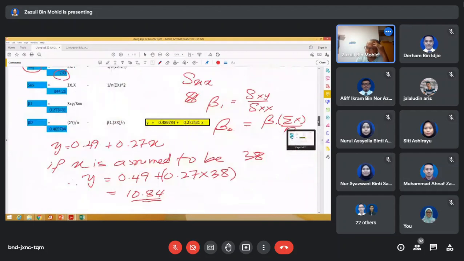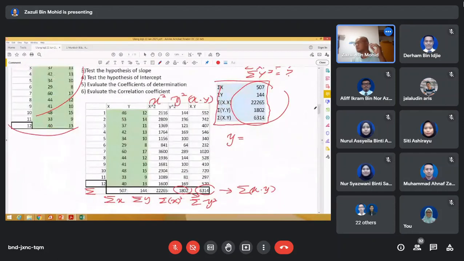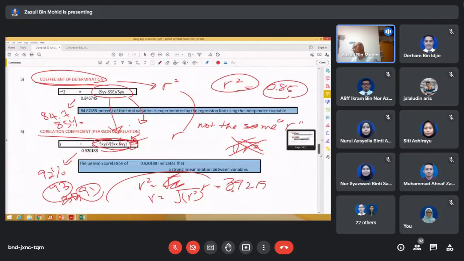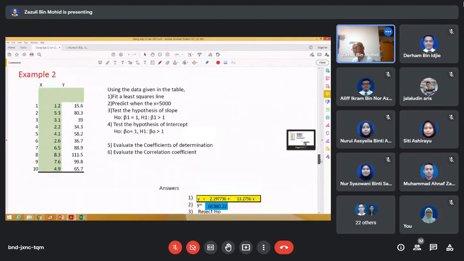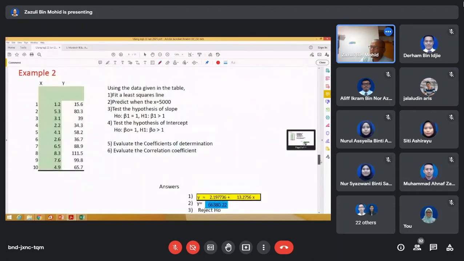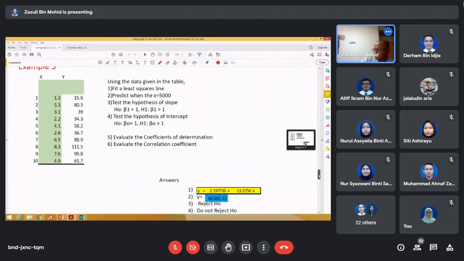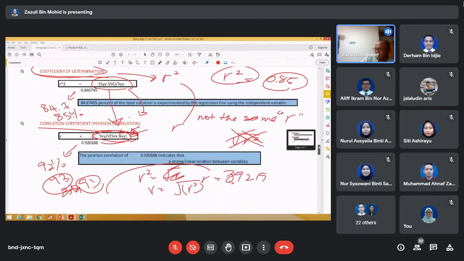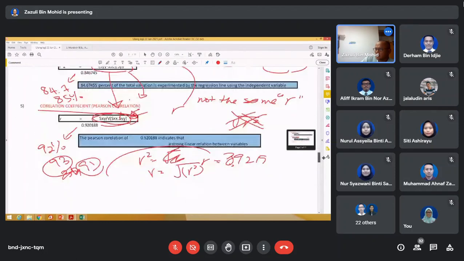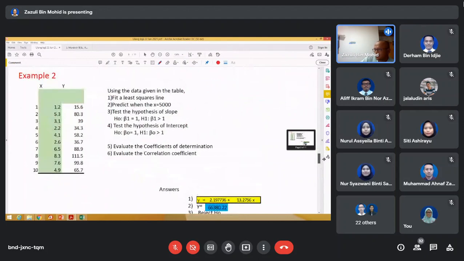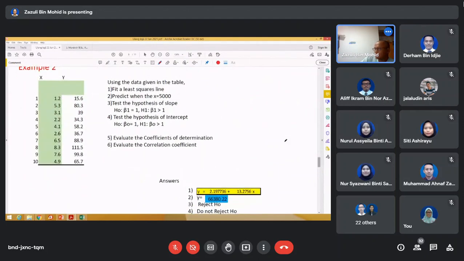So these are all of the examples, and in this slide here, I already provide you the answer for example 2, whereby this is another question. You have data in X, also in Y, 1.2, 50.6, and so on.